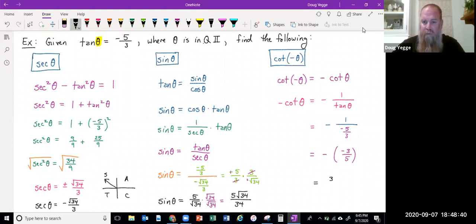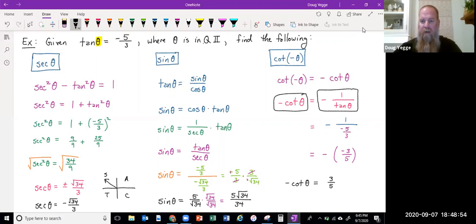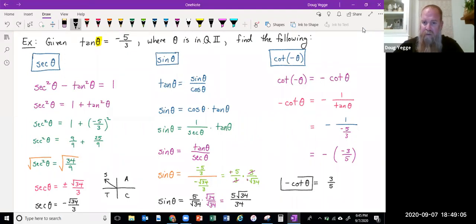But let's take a look at what this refers to. 3/5 is actually what we found the negative of cotangent theta was. Because we saw that the negative cotangent of theta is equivalent to the negative of 1 over tangent theta. But what we were originally trying to find was cotangent of negative theta. But that's okay, because by our even-odd identity, we can go back again and recognize that negative cotangent of theta is the same as cotangent of negative theta. So cotangent of the negative angle is positive 3/5.